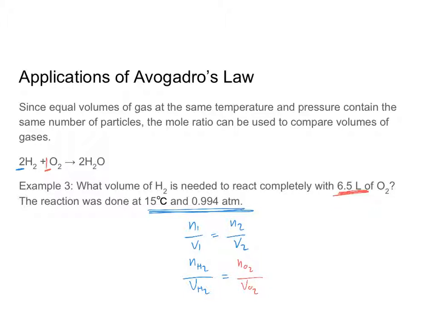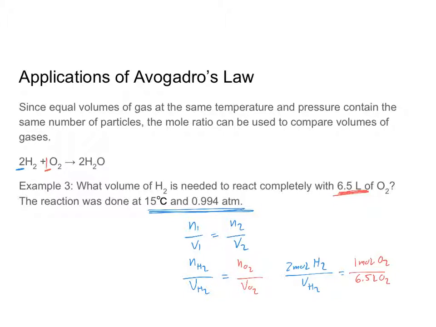So I'm going to plug in what I know. 2 moles of H2, and I'm looking for the volume of H2, and the moles of oxygen in this particular equation is 1 mole of O2, and we have 6.5 liters of oxygen.